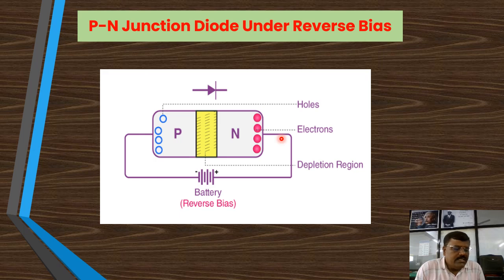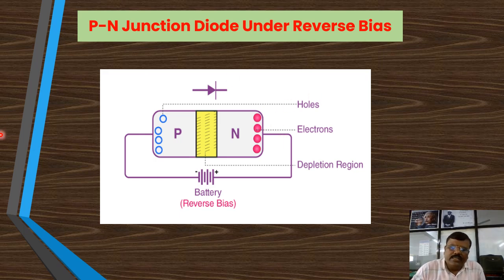When the voltage is applied across the diode, the direction of the external voltage is the same as that of the barrier potential, and therefore the voltage barrier sums up to V0 plus V, and the width of the depletion region increases. In case of the forward bias, what happens?